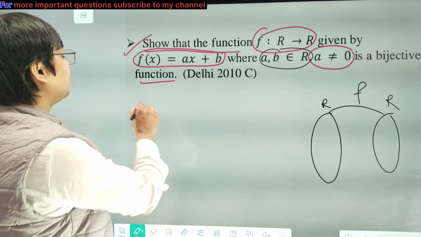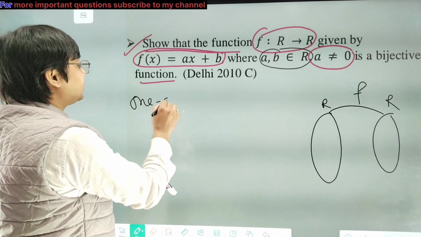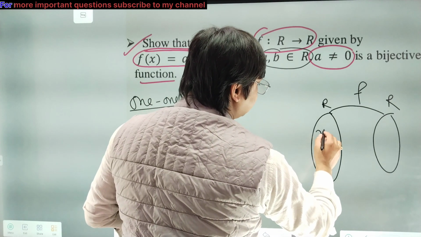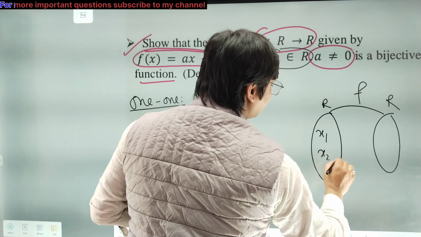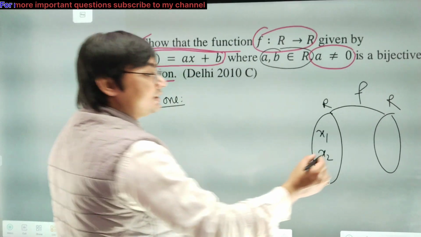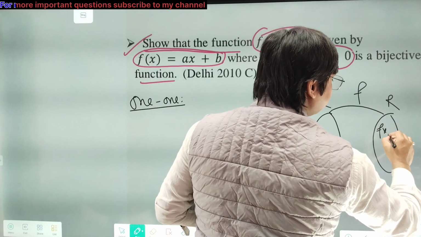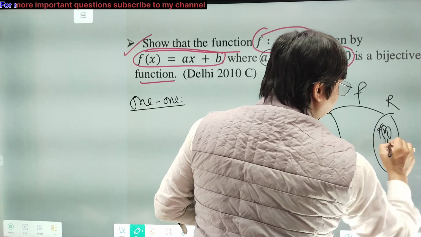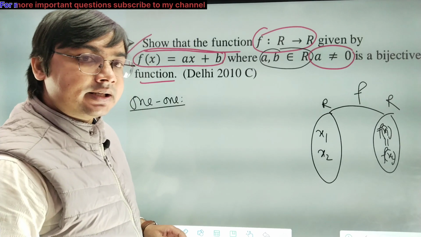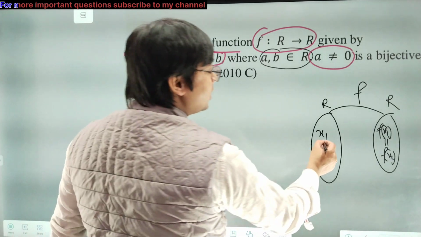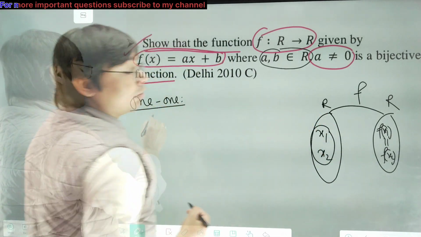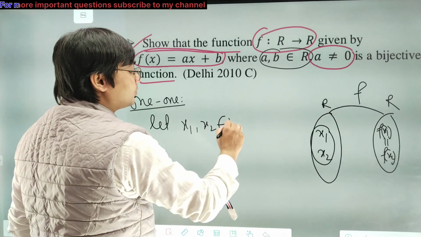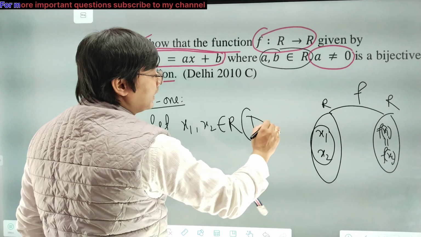So for one-one, what we do here, guys, you need to consider two elements x1 and x2 such that their images are equal. Suppose we consider these images are equal, and we need to verify whether x1 and x2 are equal or not. x1, x2 belong to R, and this R means the domain.